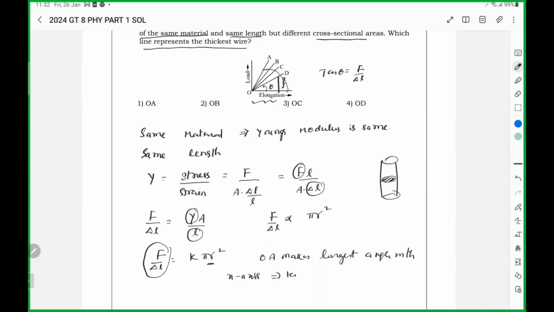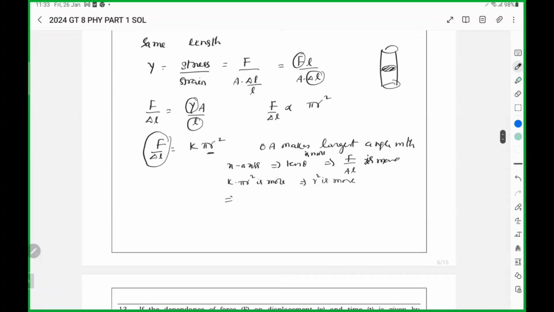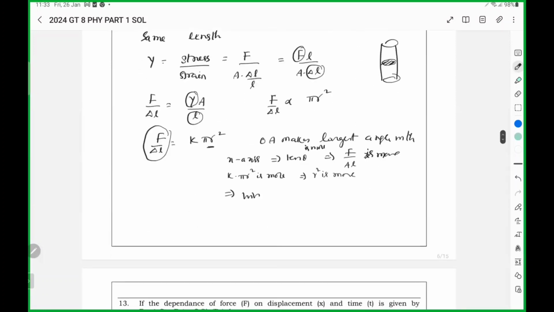So that means tan theta is more, which means F by delta L is more, which implies k times pi r square is more, which implies r square is more, which implies wire OA is thickest.